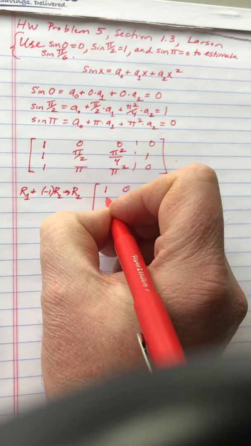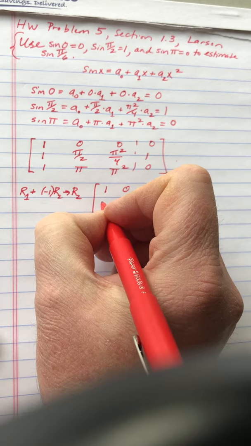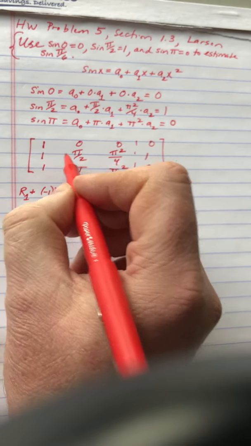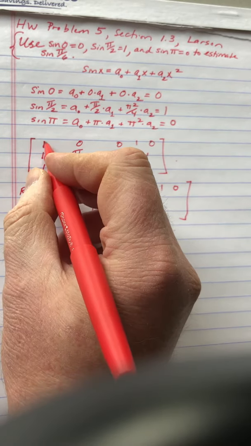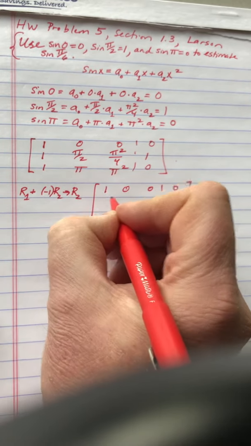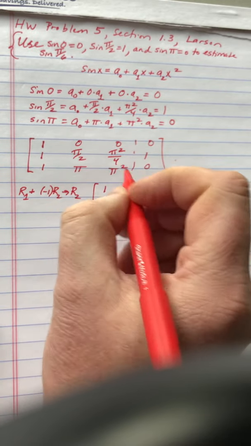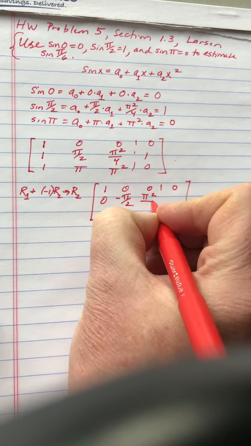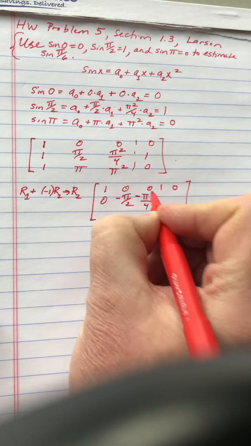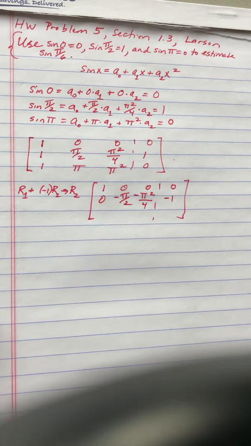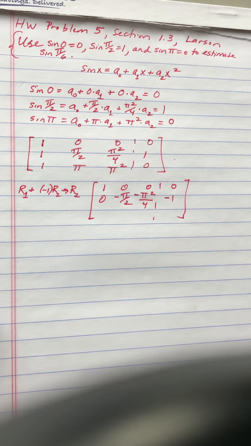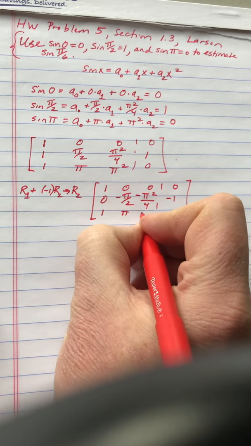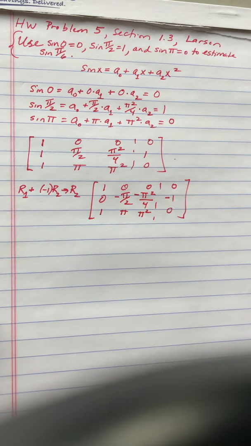What I've done is add a negative 1 times row 2. So 1 plus a negative 1 times 1 is 0. And all of these, I think it's easy for you to figure out why, become just the opposites of what we had previously. And finally, down here, I don't do anything because I wasn't doing anything to that row.